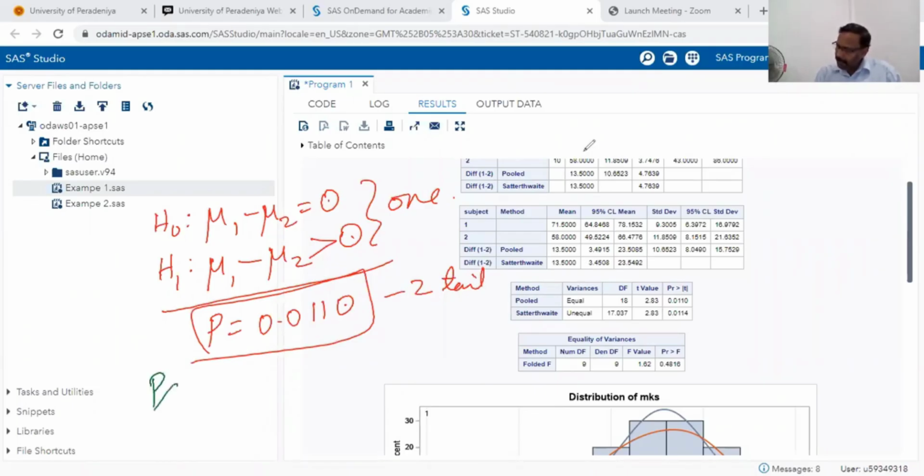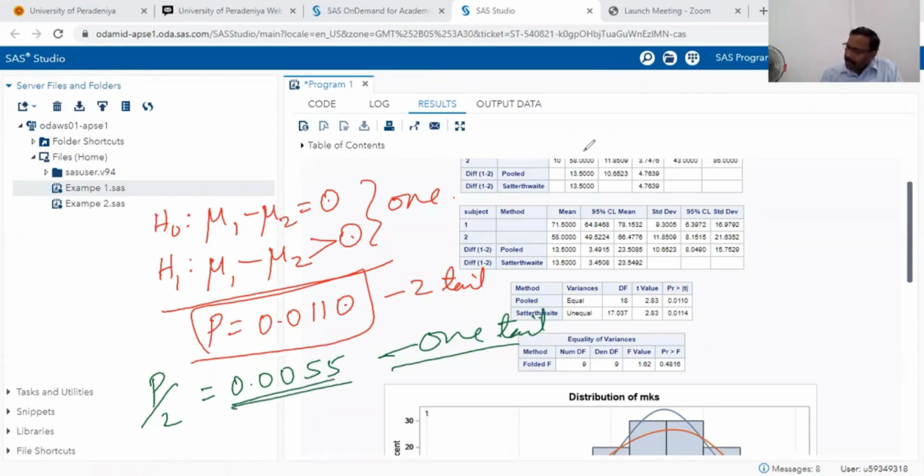If it is one tail, we'll have to divide by 2, which is 0.0055. This is for one tail. Now we compare this with our alpha. Alpha doesn't change. Always the alpha is the same. So still our p-value is much less than the alpha value. So we can reject our null hypothesis.